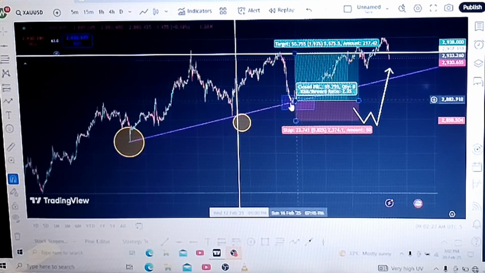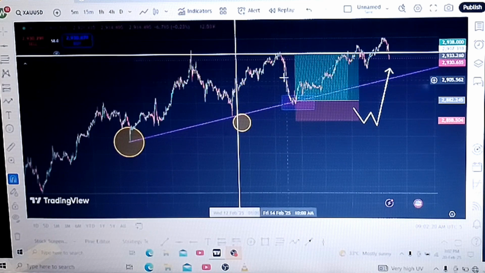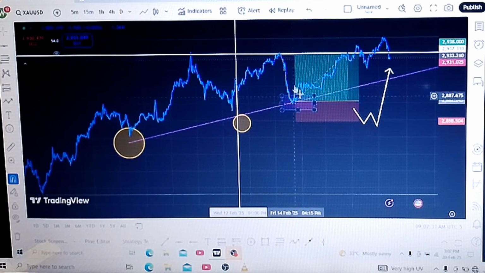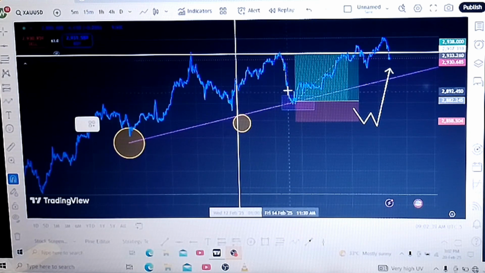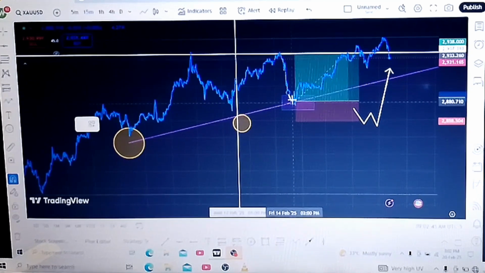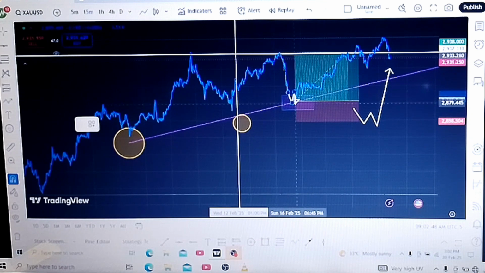Because why are you doing so? Because this one I've already shown is a W pattern. Let me go to the line chart again. See, a W pattern. I wish you can see this very clearly. Look at it. Let me just draw it so that you see it clearly. This is a W pattern. I just wish you can see this thing very clearly.